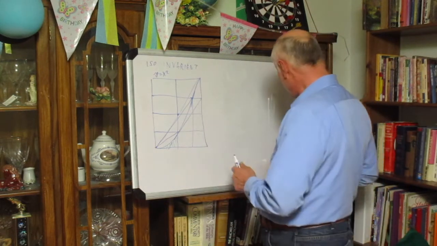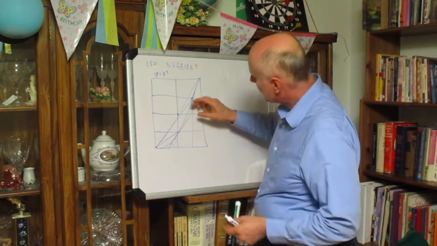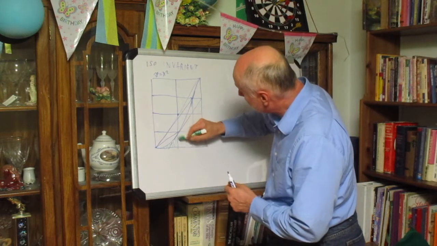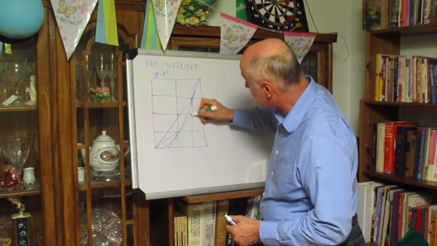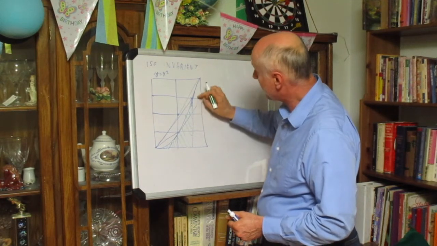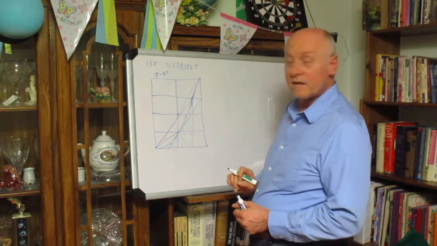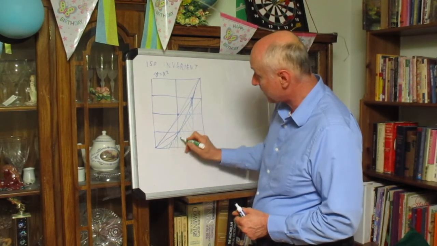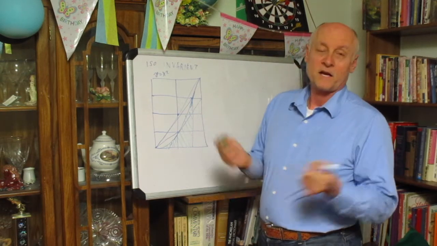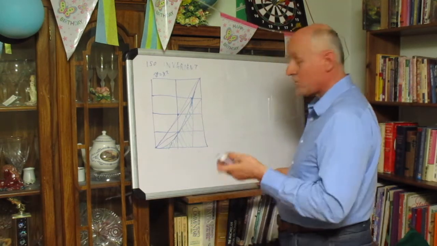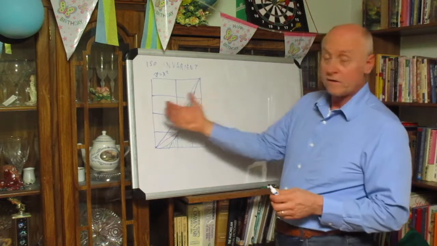And also the ratio of the area to the box at this point is the same as the ratio of this area to this box. How would I prove it? Using rubber band geometry.